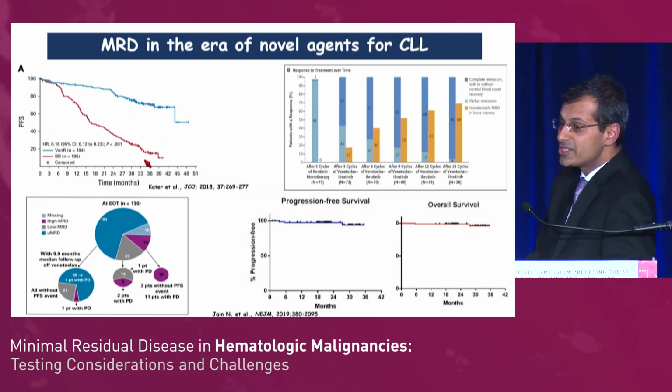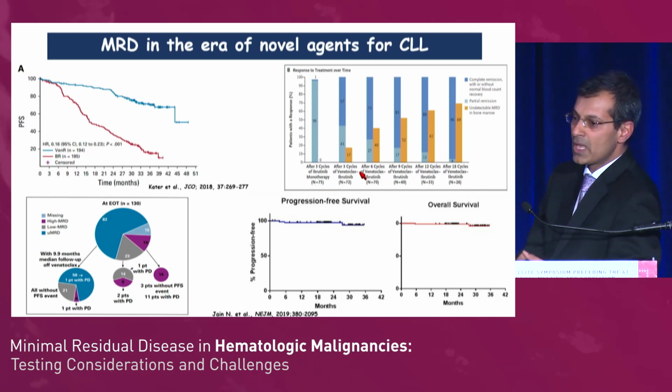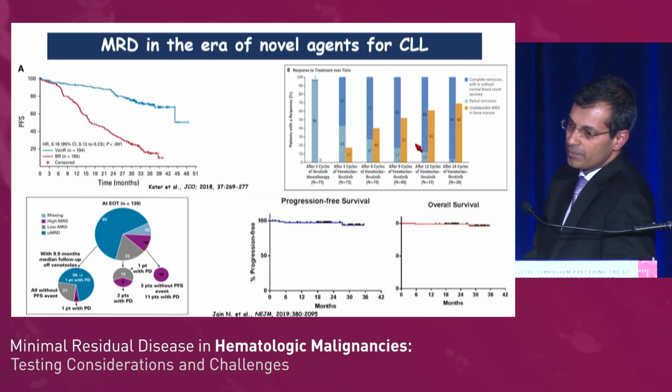When these novel agents are combined, such as in this elegant study of newly diagnosed high-risk CLL patients, where ibrutinib, which is a BTK inhibitor, was combined with BCL2 inhibitor venetoclax, overall, the depth of MRD increased over time, and also the proportion of patients who were MRD negative increased over time.